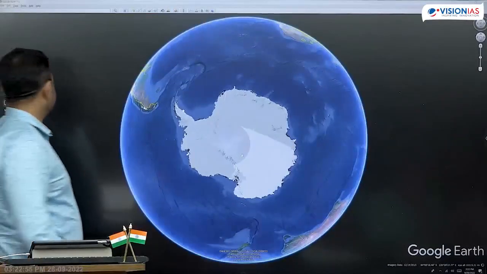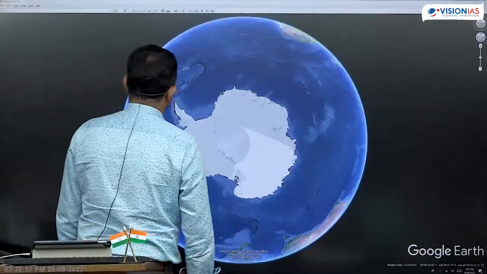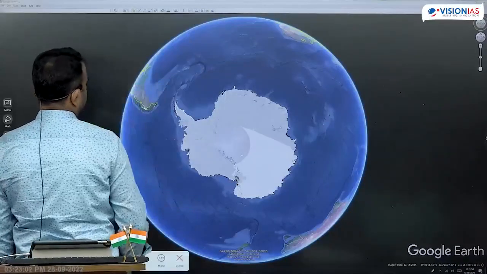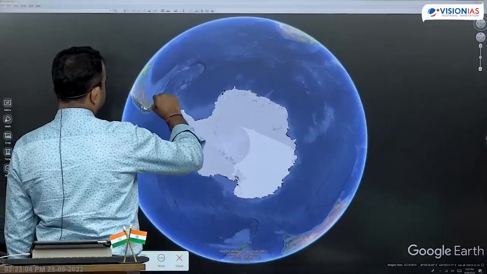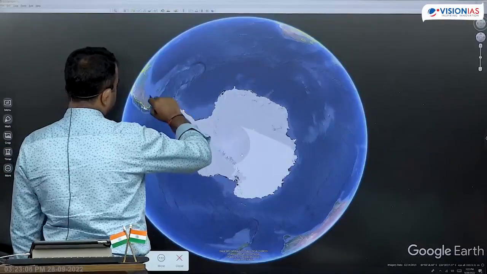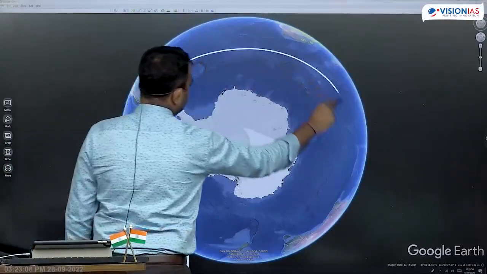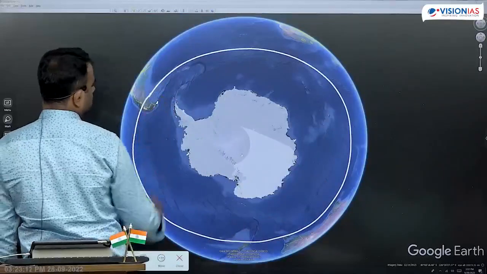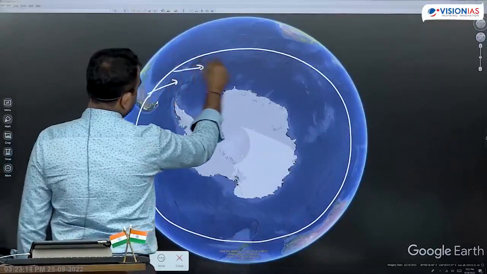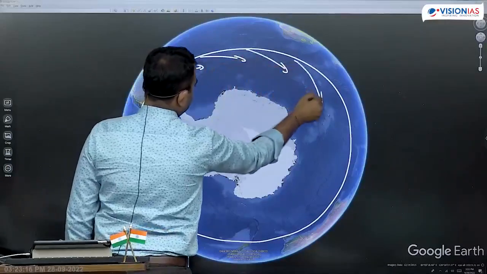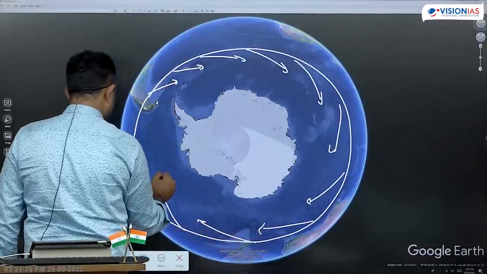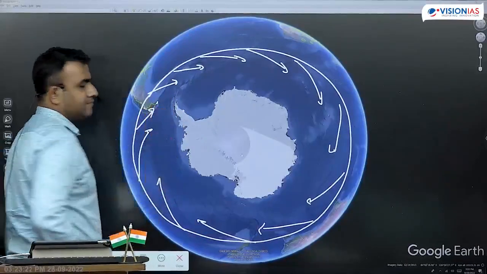This is our Antarctica. Where does the westerly belt extend? This is what the westerly belt is.